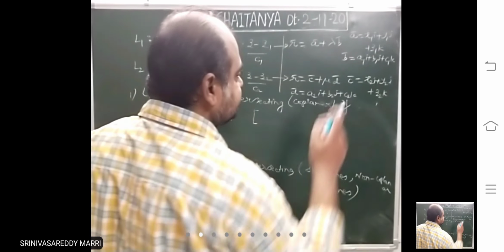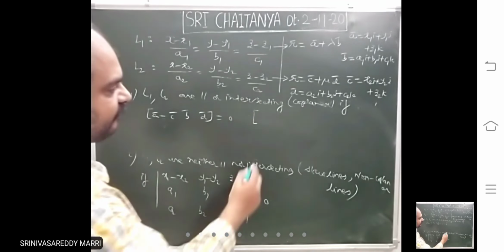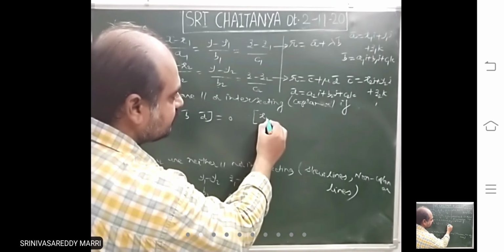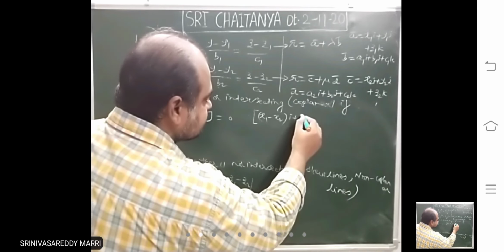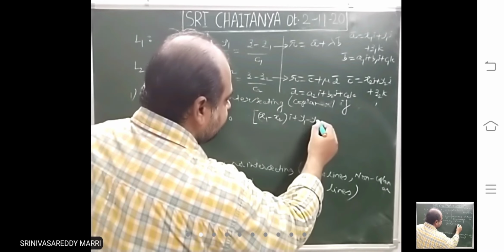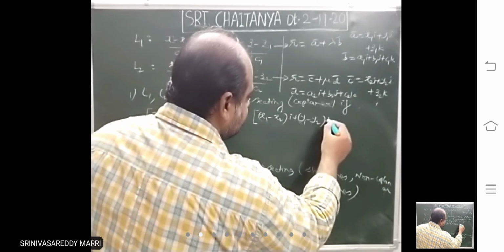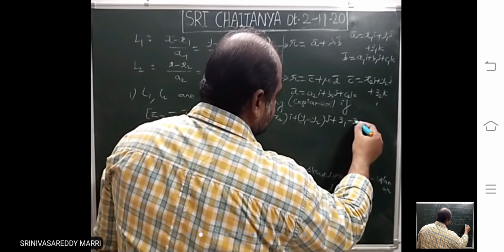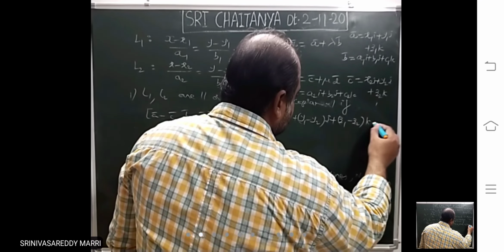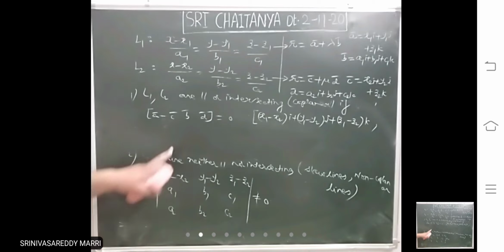A bar is this, C bar is this. So therefore, what you will get is (x1 minus x2) i plus (y1 minus y2) j plus (z1 minus z2) k, comma B bar.